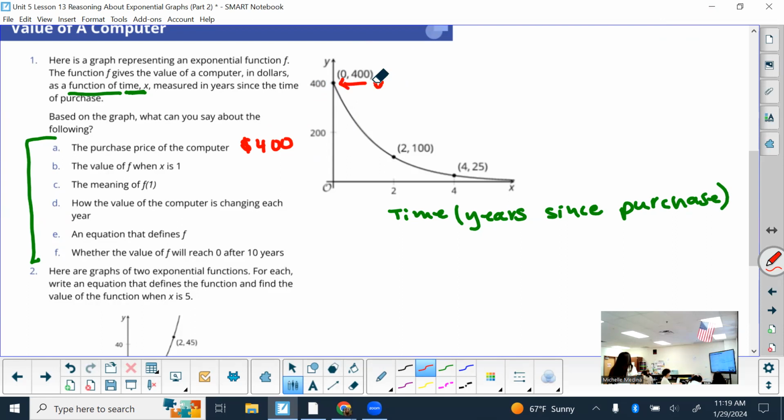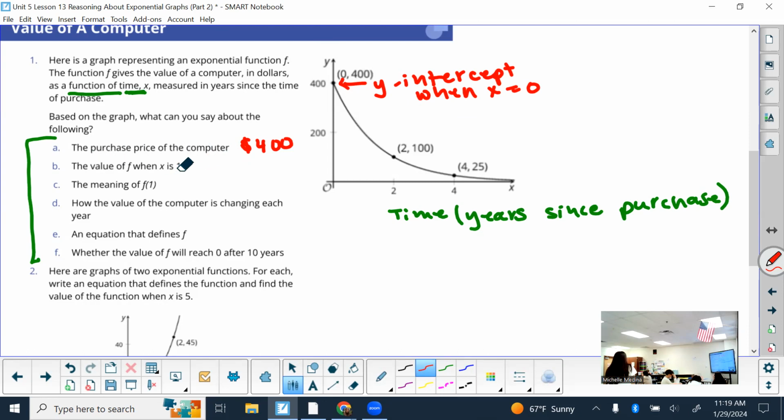So y-intercept is what we math people call it, but in the real life situation, it's our starting amount. So that must be what the purchase price was, because that's where time is 0. So that's another indicator. Whenever your x is 0, that's your starting amount. So that must be the value of it when it is off.